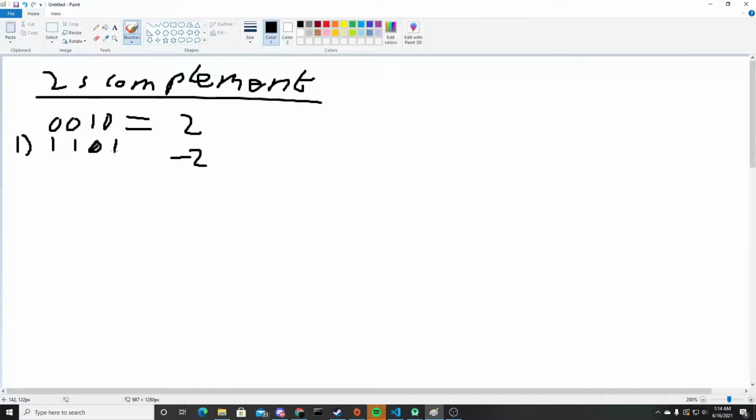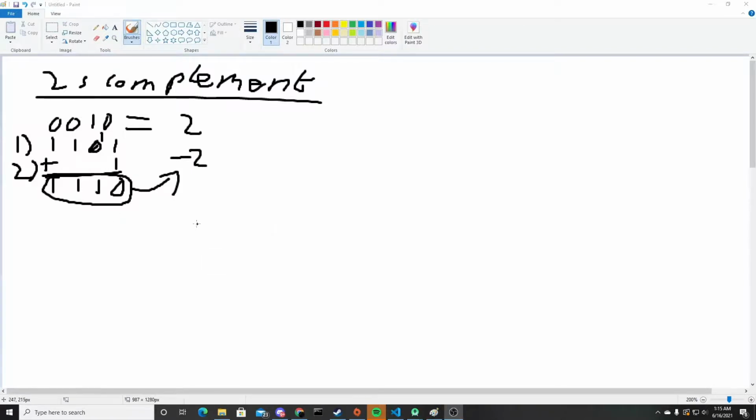Then step 2, we just add 1 to this number. So we come out with 0 here, 1, carry the 1, so 1, and then 1, 1. This is how we would represent negative 2 in 2's complement: 1, 1, 1, 0.